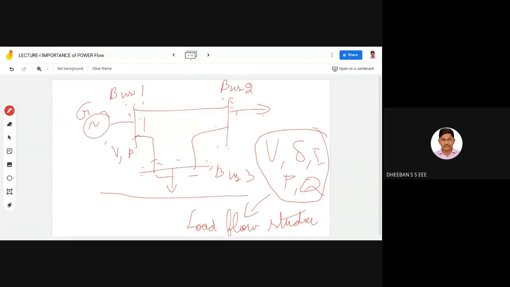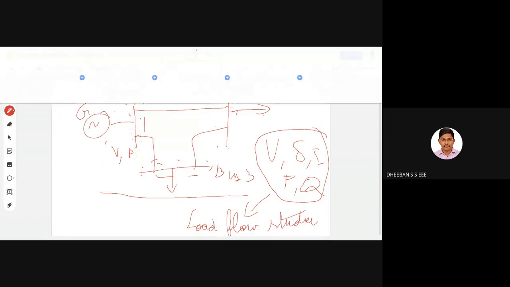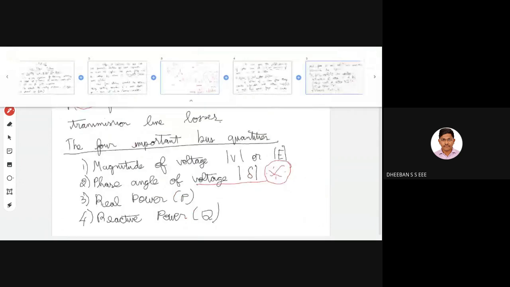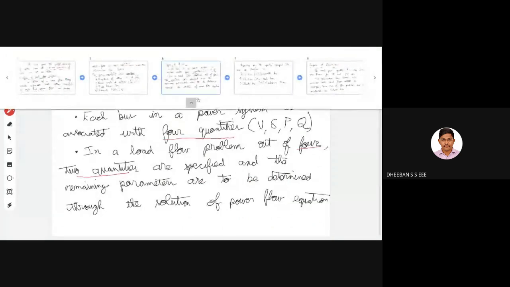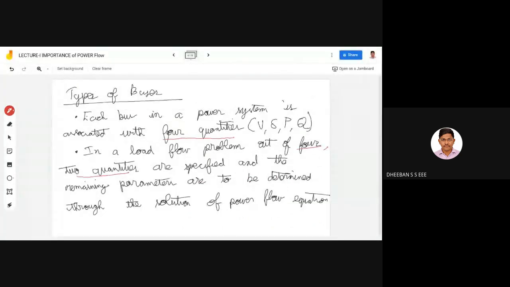So you might know any two data of bus 1. The load flow studies will be like that only. They'll give any two quantities, and based upon those quantities, you have to find the remaining parameters through power flow equations.